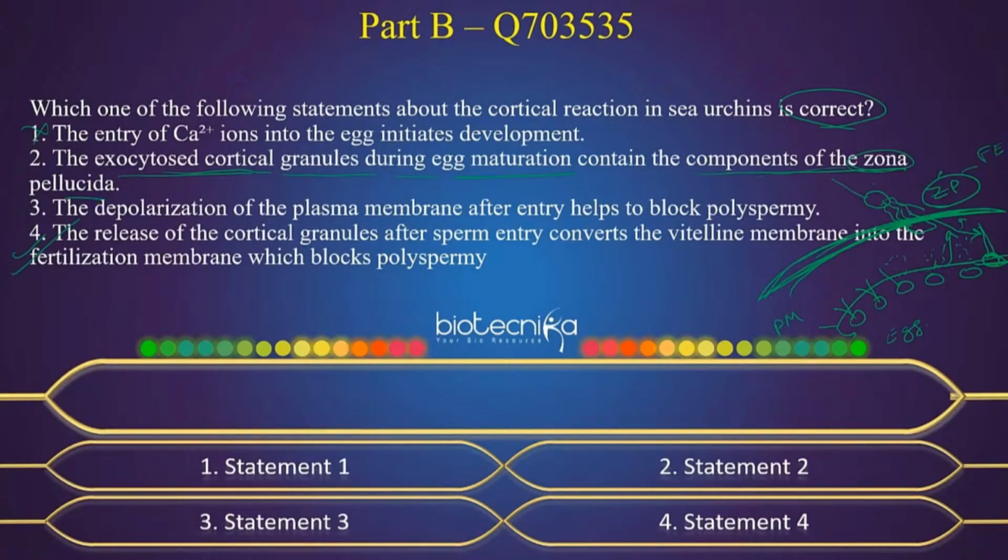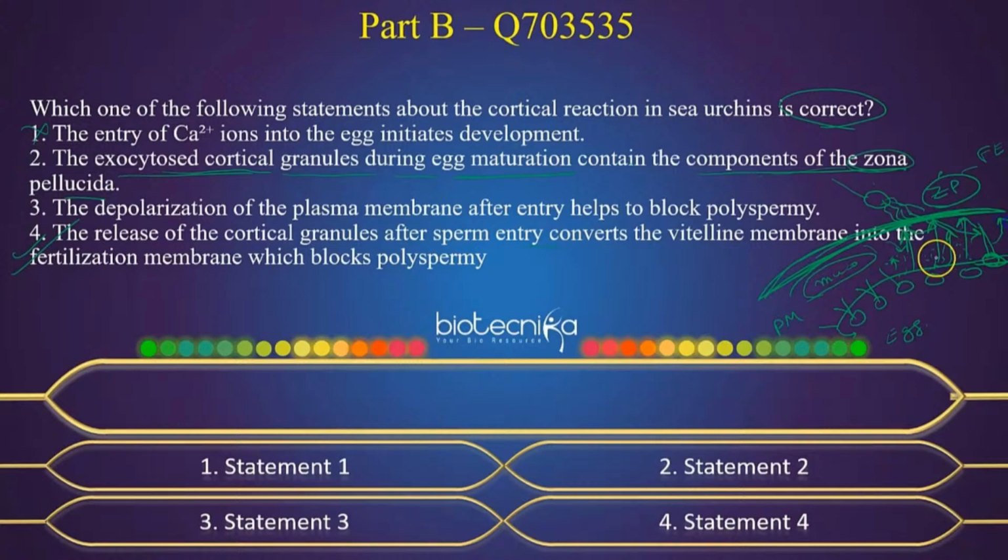See what happens. With the release of the cortical granules after sperm entry, some mucopolysaccharides are released, and sugar molecules attract water. By taking water inside, this zona pellucida gets uplifted a little bit.